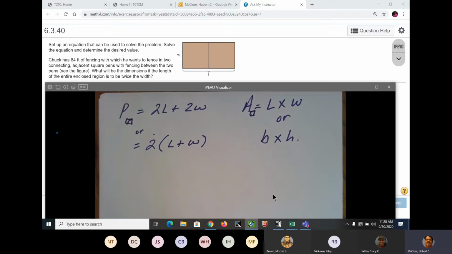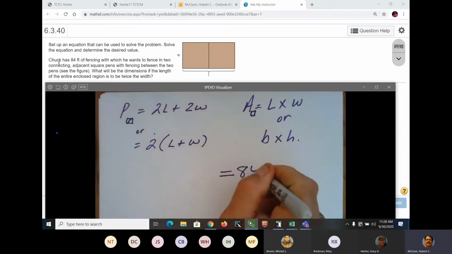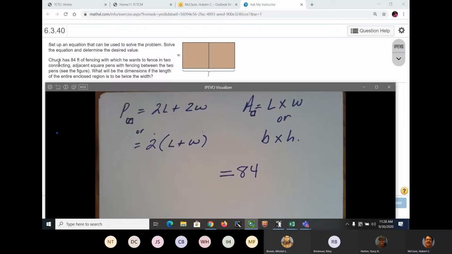All right, it says, set up an equation that can be used to solve the problem. Chuck has 84 feet of fencing. Well, I know right now, 84 feet is going to be the right side of the equal sign. Because there's not any other numbers given as a total. There's nothing saying equals 52 feet or equals 7 feet.